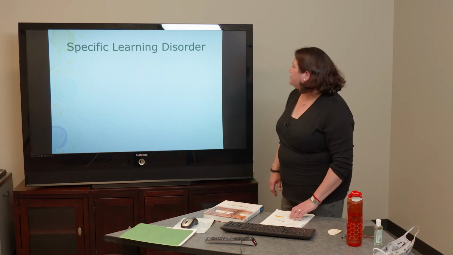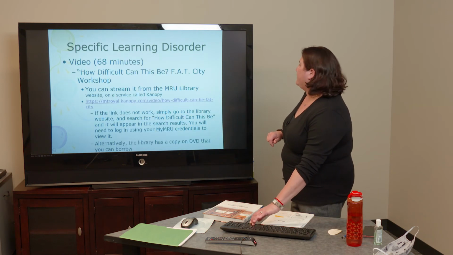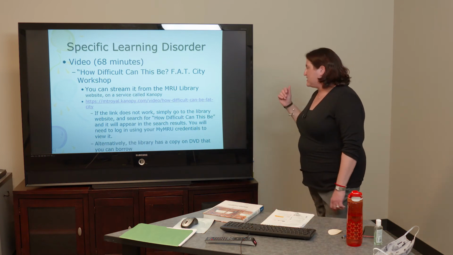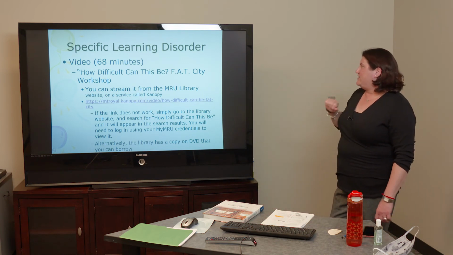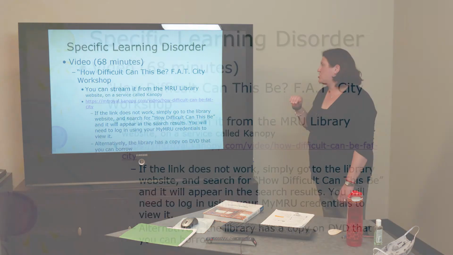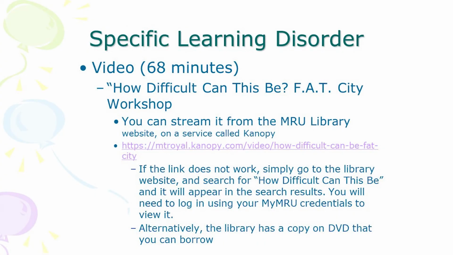Okay, so this takes us to our video. It's about 68 minutes. It's called How Difficult Can This Be? The Fat City Workshop. You can stream it from the MRU Library website on a service called Canopy. Remember, you have to be logged in with your MRU login in order to stream from the library. If this link does not work, because I've had trouble with it in class sometimes, Canopy can be kind of finicky, just go to the library website, search for How Difficult Can This Be?